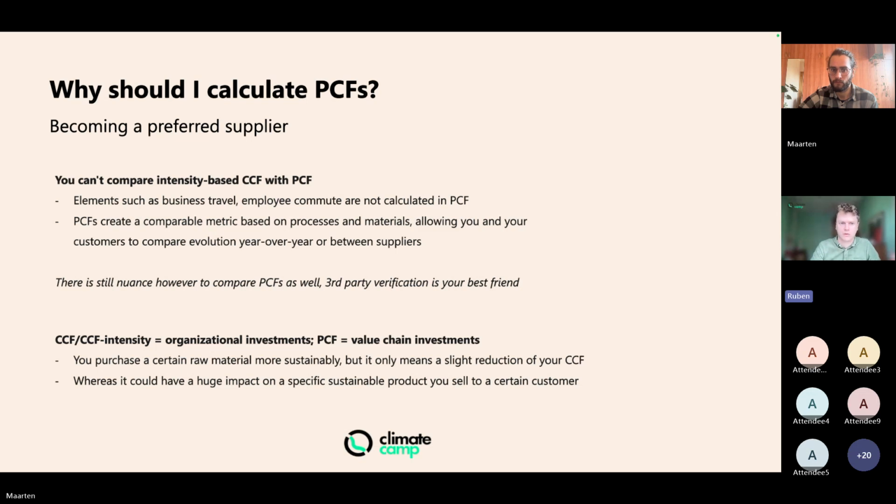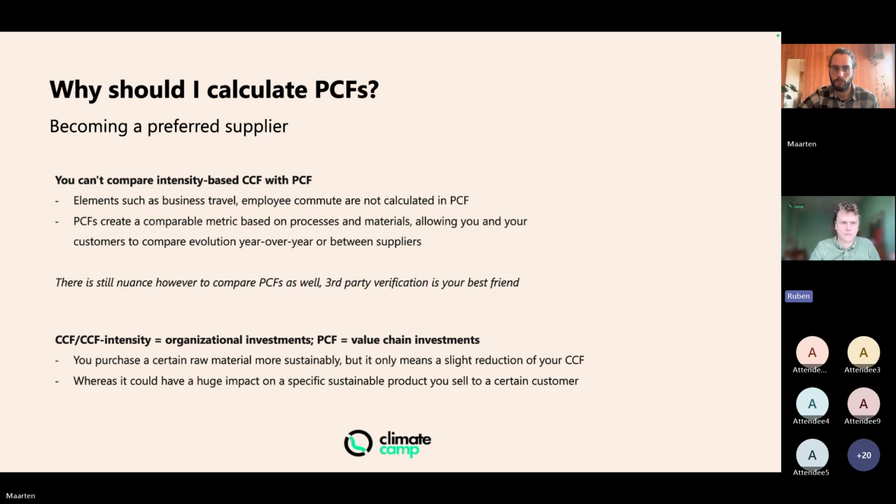So, for example, if we take the brewery example, if you get primary data from a maltery which produces a specific type of malt, using the intensity-based emission factor will be less impactful than if you would, for example, work with an intensity-based emission factor for a packaging company which produces different packaging and has a big variety of types of packaging, so that the intensity-based will be even further away from the PCF than expected.